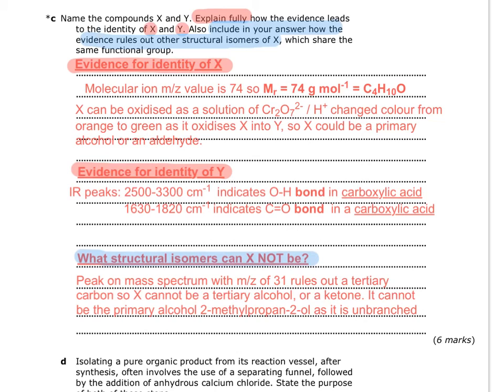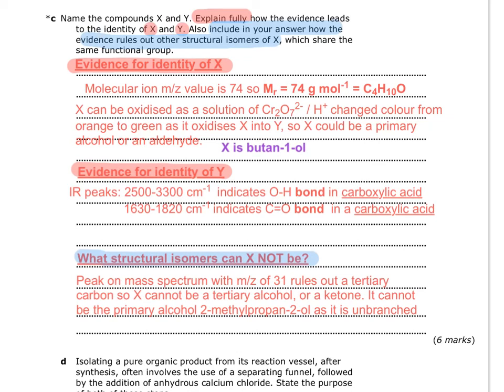Looking again at C4H10O, that means that the only thing that it could be is a primary alcohol with the formula C4H10O. So therefore X has to be butan-1-ol.